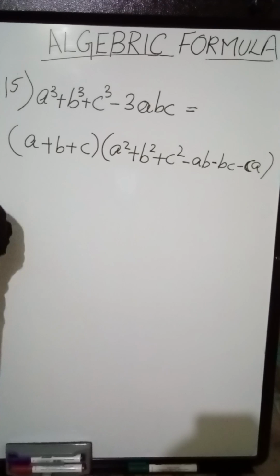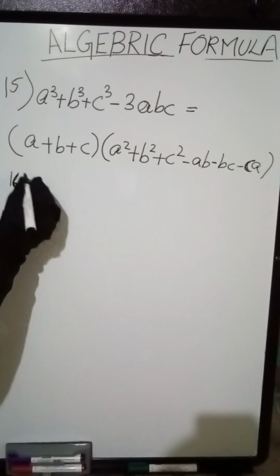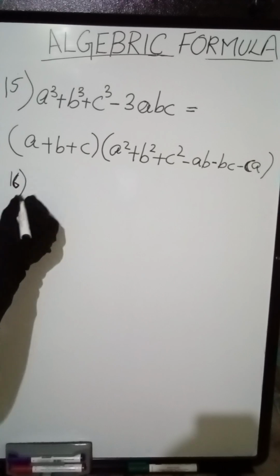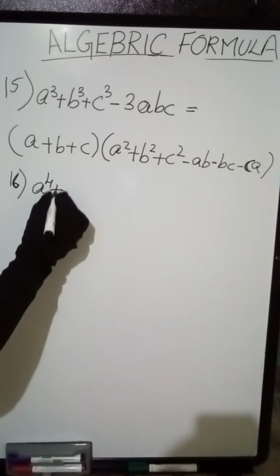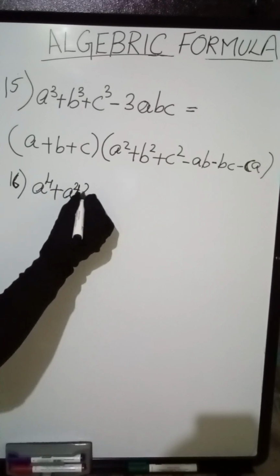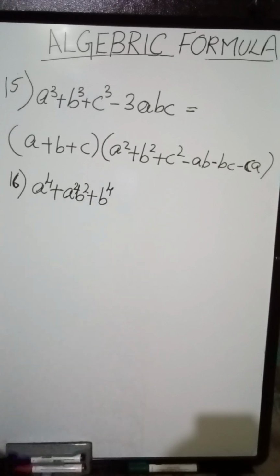Then the next formula, which is the 16th one, when we have a to the power of 4 plus a square b square plus b to the power of 4.